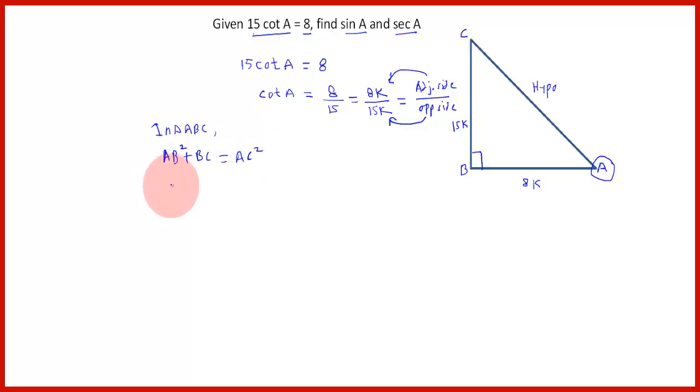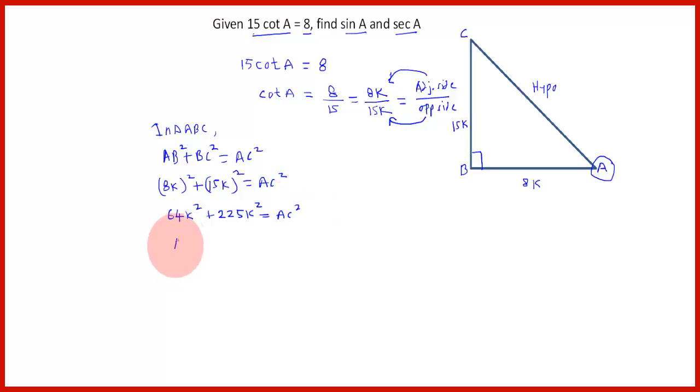So AB is 8k, its square, plus BC is 15k, bracket square, is equal to AC square. So 8k square, that is 64k square, plus 15, that is 225k square, which is equal to AC square.